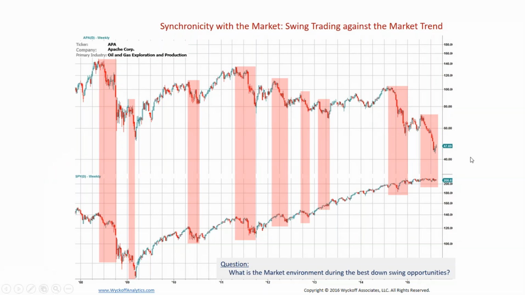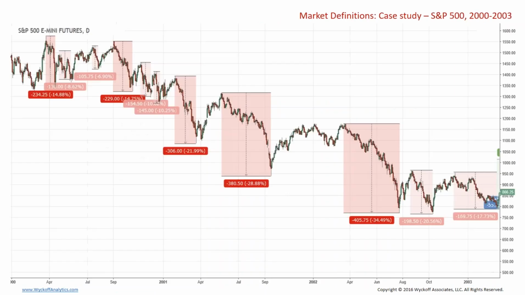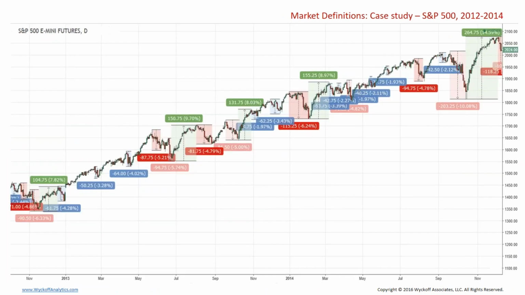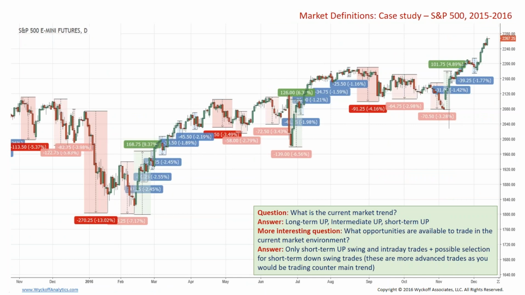Again, I would advise only more advanced students to practice this type of counter trend swing trading. And for those of us who are more beginner or intermediate traders, just stick with the main trend, which is what? Which is up, up, and up again.